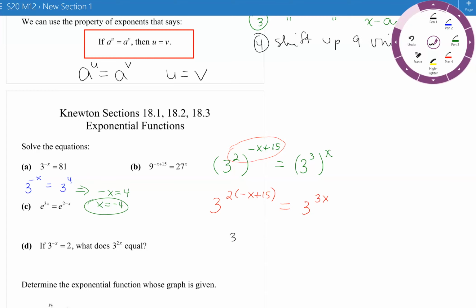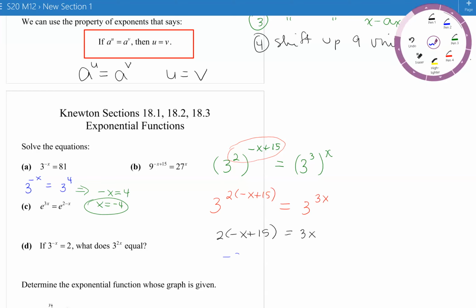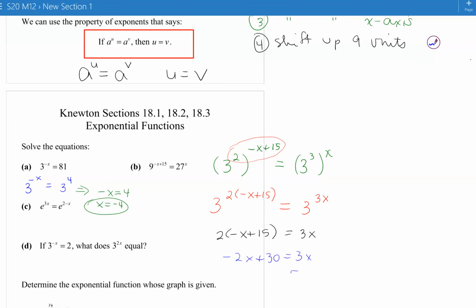And now we know that 2 times negative x plus 15 has to equal 3x. And we can solve this. Negative 2x plus 30 equals 3x. 5x equals 30, so x equals 6.